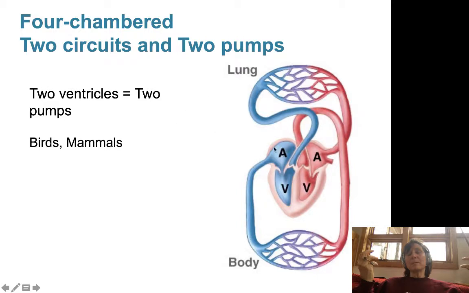So we have 2 atria and 2 ventricles, and the ventricle has a complete septum here so that there's complete separation of oxygenated and deoxygenated blood. And this is an incredibly efficient system for sending oxygenated blood where it needs to go in the body.